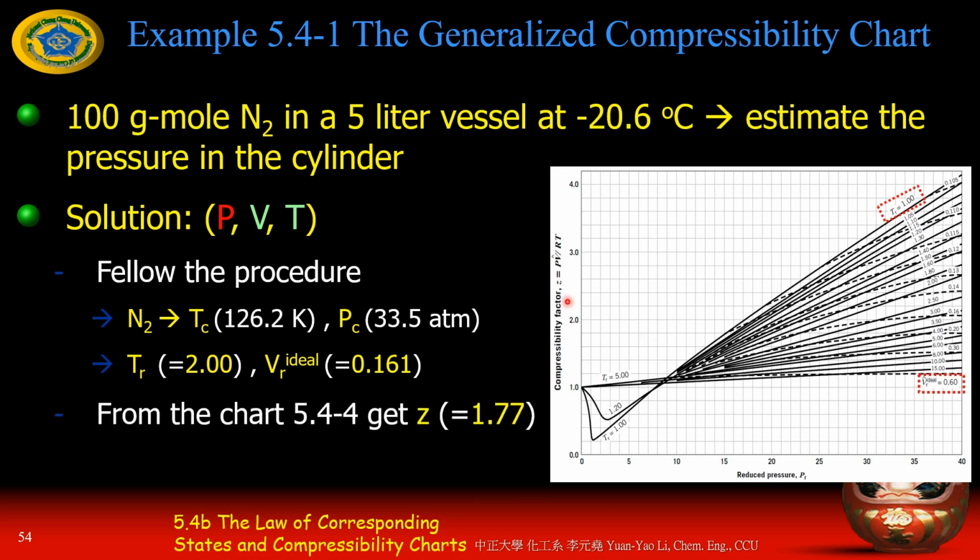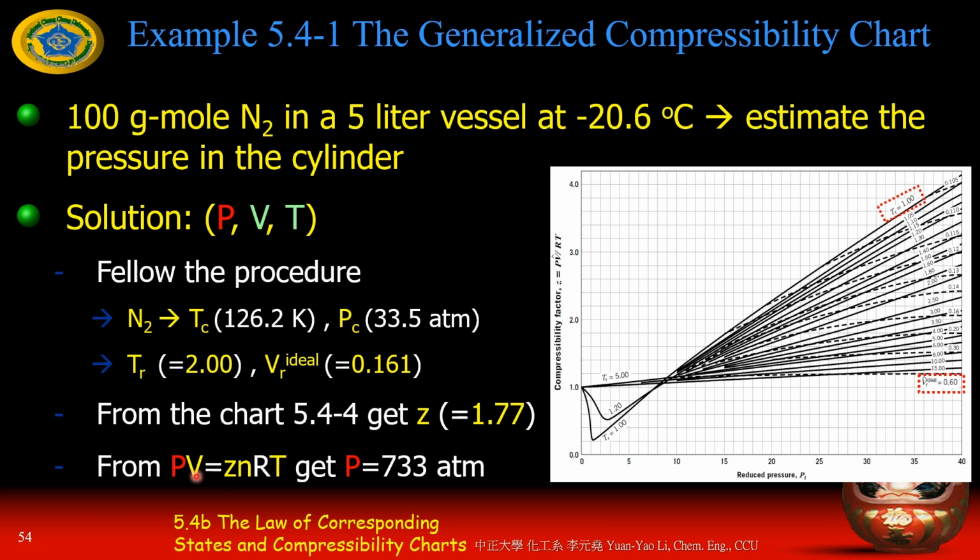Z will be 1.77. So once you get Z, you use PV equal to ZnRT. So Z will be 1.77, and the V will be this one, 5 liter. And then T will be 20.6, or you need to change to Kelvin, right?